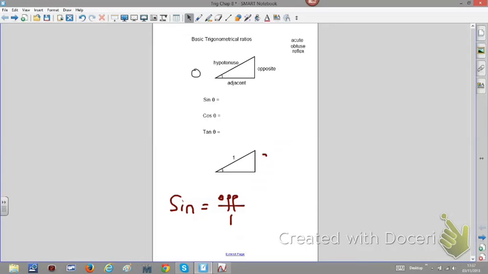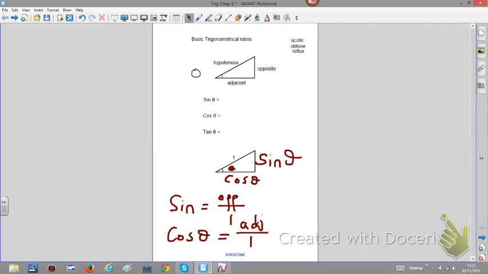So this would be sine theta, if this angle here is theta. And similarly, cos of theta is equal to the adjacent divided by the hypotenuse, which is 1. So again, the adjacent length must be equal to the cos of the angle.